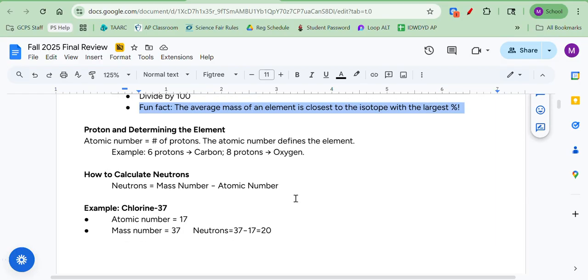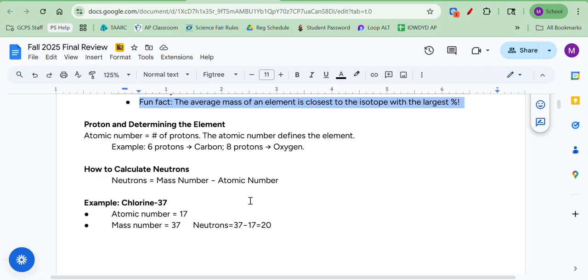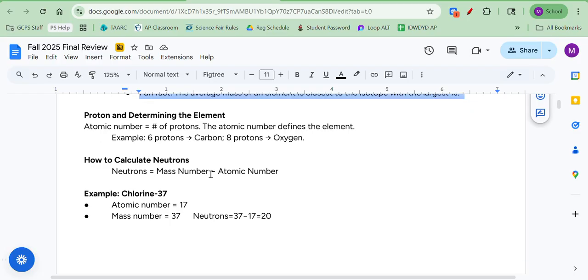So sticking with the nucleus of the atom, we can again use it for determining some subatomic particle values, such as the proton can tell us the element on the periodic table. If we know the number of protons in the nucleus, then we know the atomic number, and we can match it to that box on the periodic table. If we need to calculate the number of neutrons that are also inside of the nucleus, we can take the mass number and subtract out the atomic number to make that happen.